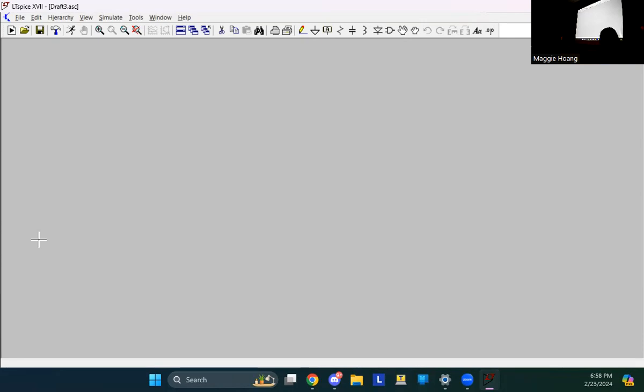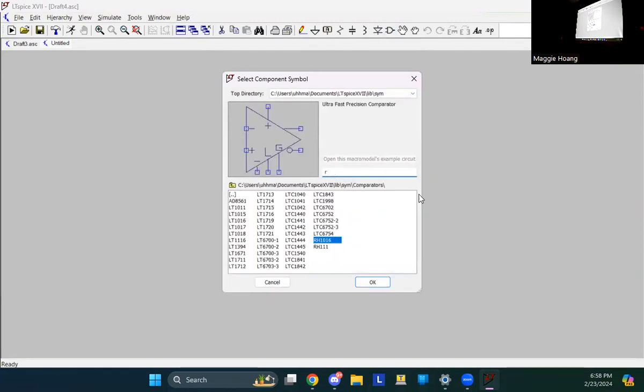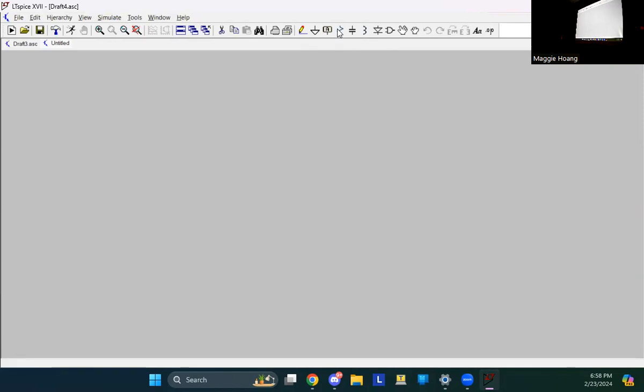So what you're gonna do is open a new schematic. Oh, I already did. Then you go to components, and you can put a resistor, right here.